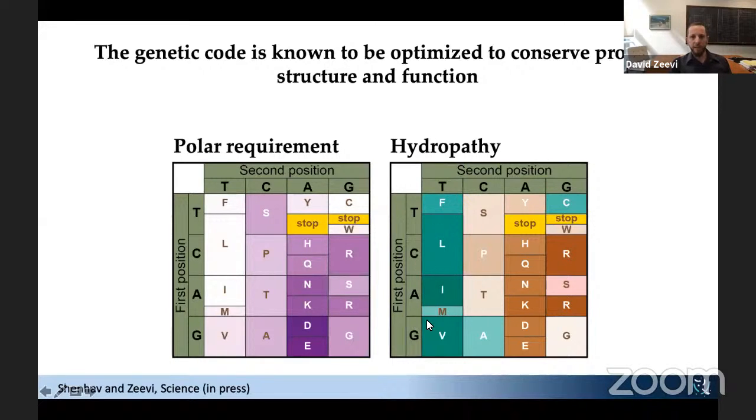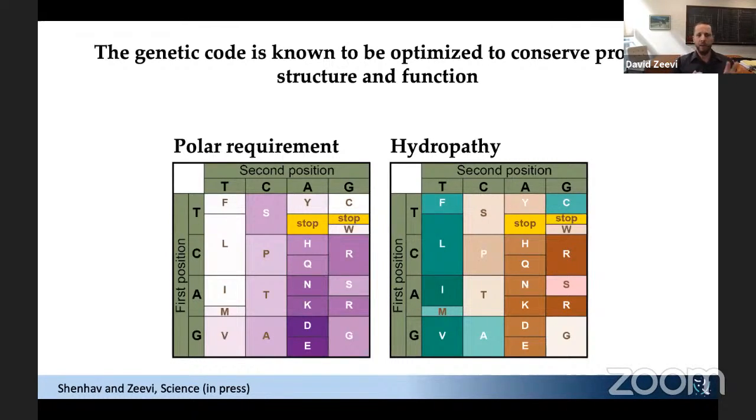Here in green are the hydrophobic amino acids, and in brown, the hydrophilic amino acids. You can see that in order to mutate from hydrophobic to hydrophilic amino acids, you have to have a mutation in the second position of the specific codon. And we wanted to see how this optimization compares to what we found.